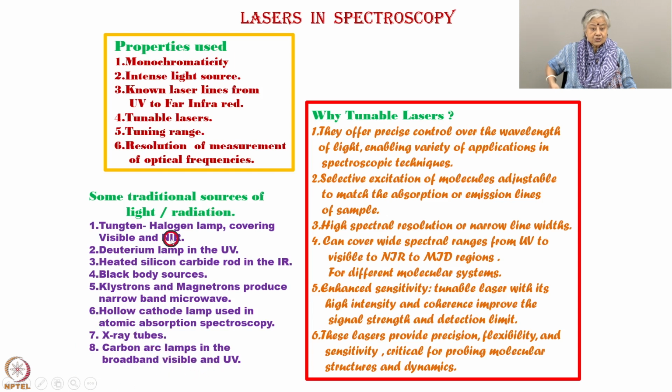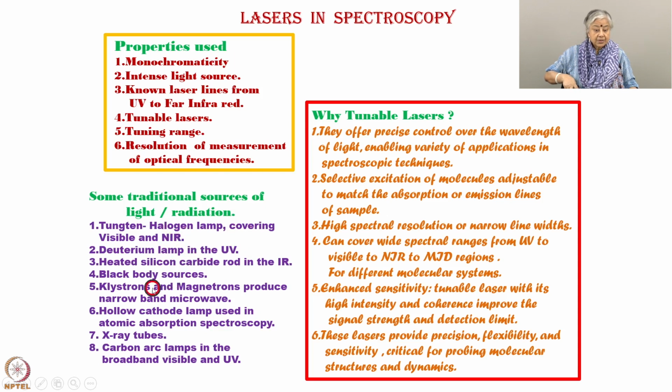There were so many of these traditional sources. It is not that they are not used now, they are still being used, but many of them have been replaced by lasers, because of the intensity and the monochromaticity. From sources like the tungsten or halogen lamp, you may not always get monochromatic lines with a tiny full width at half maximum.